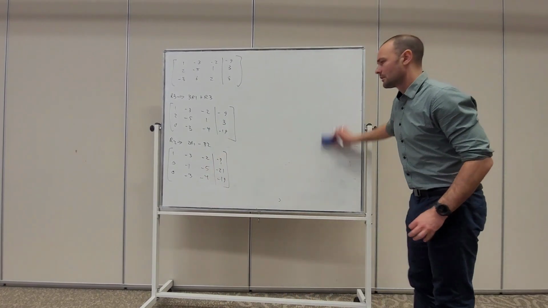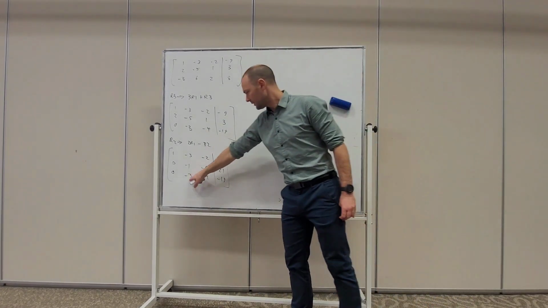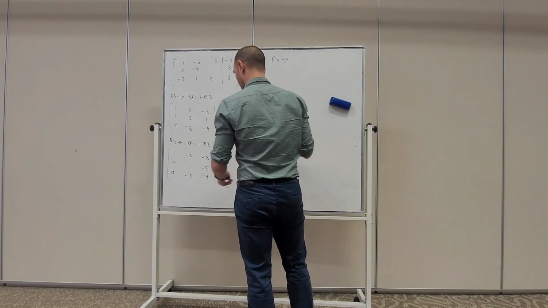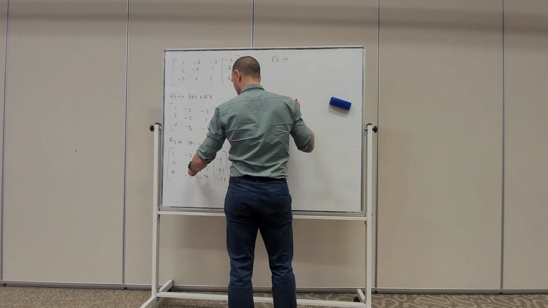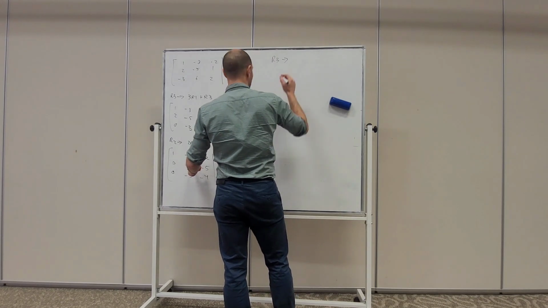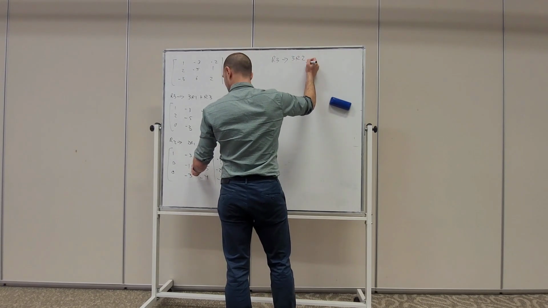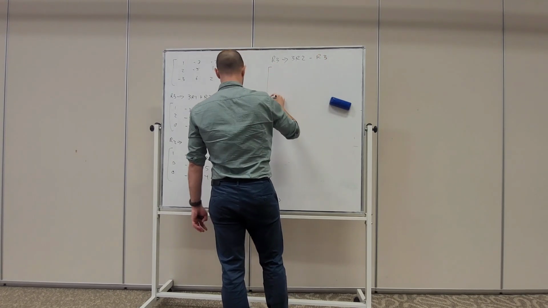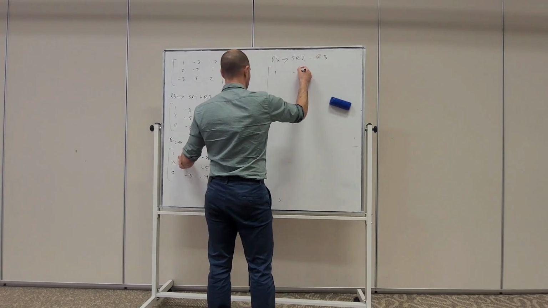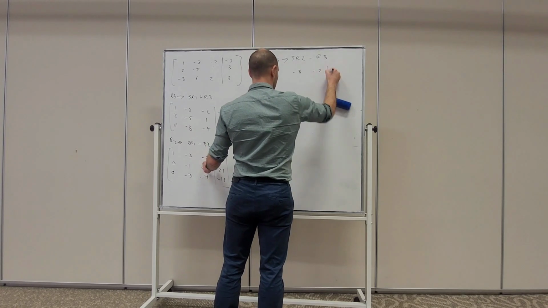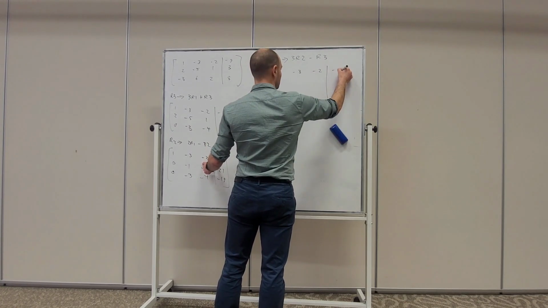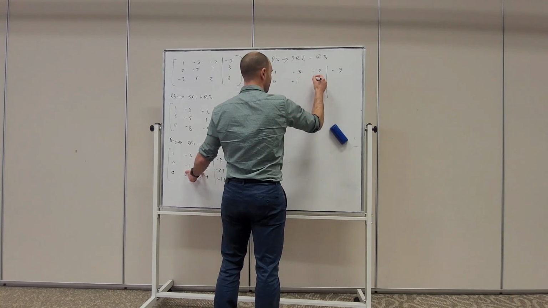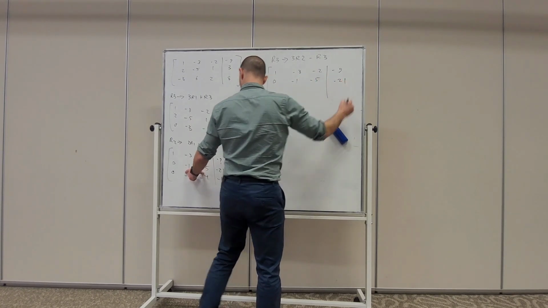And then we want a 0 here, so we're replacing row 3 with 3 lots of row 2, take away row 3.